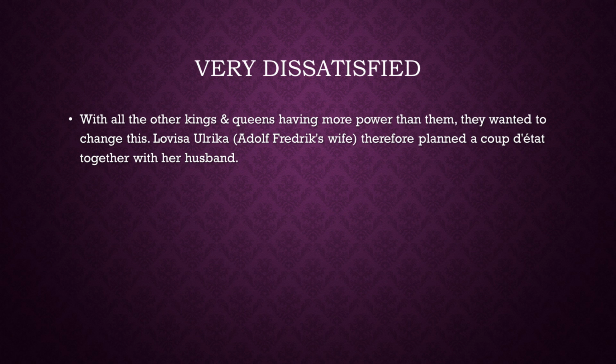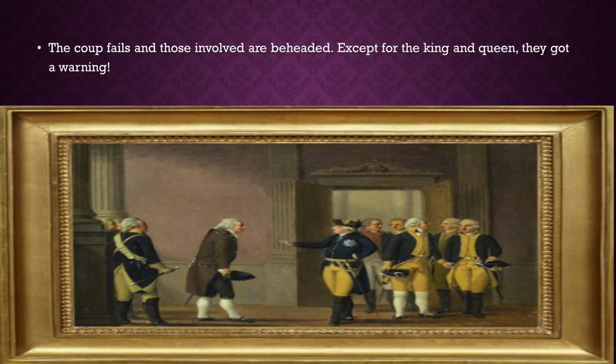Adolf Fredrik's wife, Louisa Ulrika, therefore planned a coup d'etat together with her husband to regain control of Sweden. But this coup failed, and instead those involved in this coup were beheaded. Except for the king and queen, they got away with a warning.